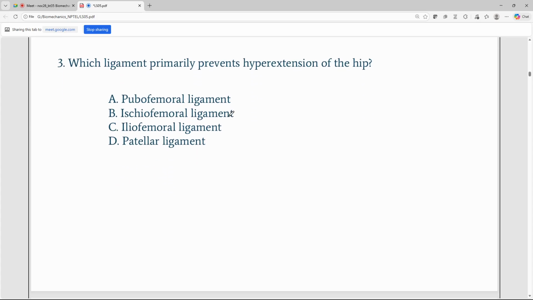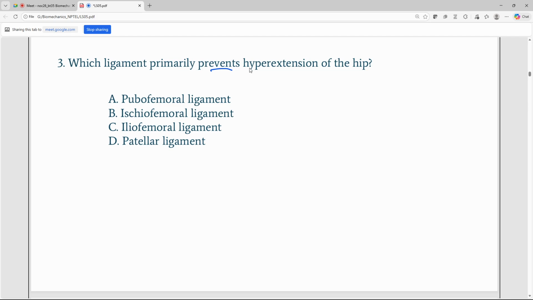Next question. Which ligament primarily prevents hyperextension of the hip? So here the question is asking which is the ligament that prevents the hyperextension of the hip.